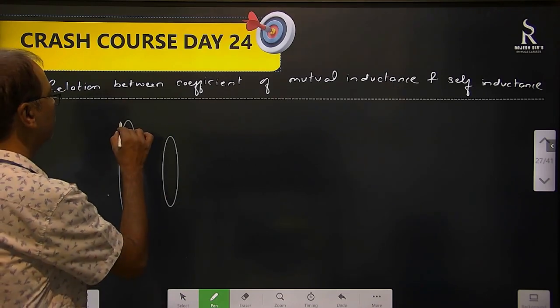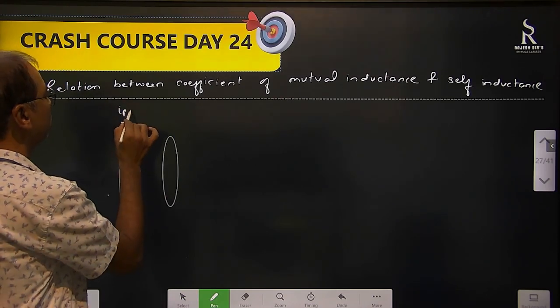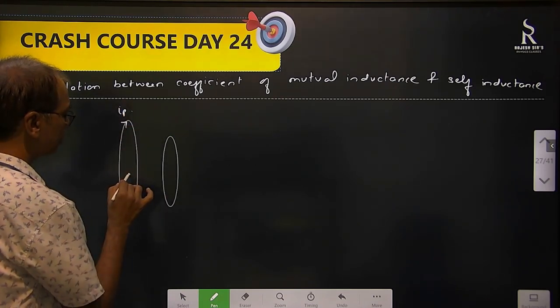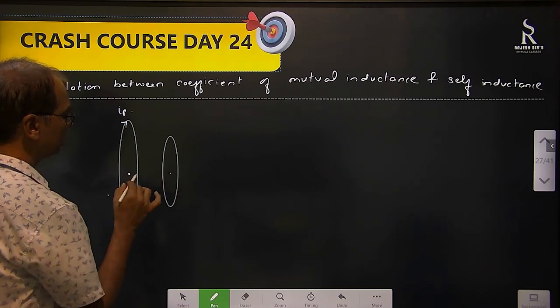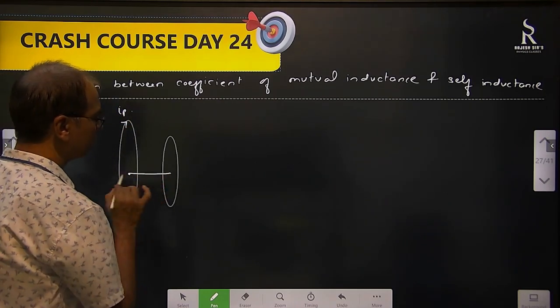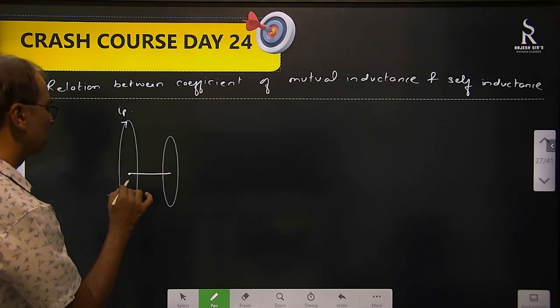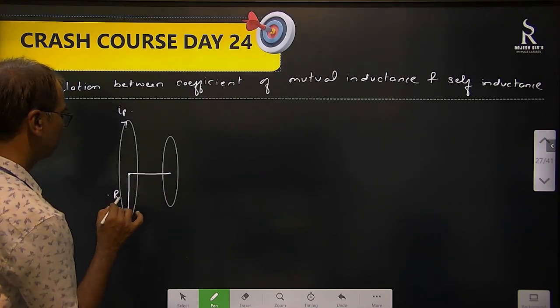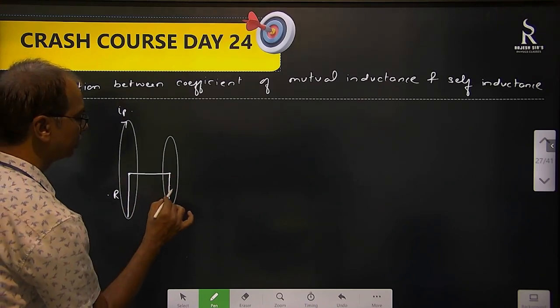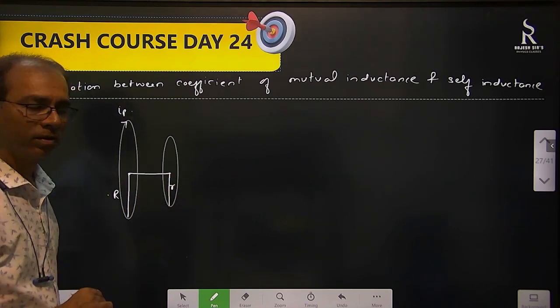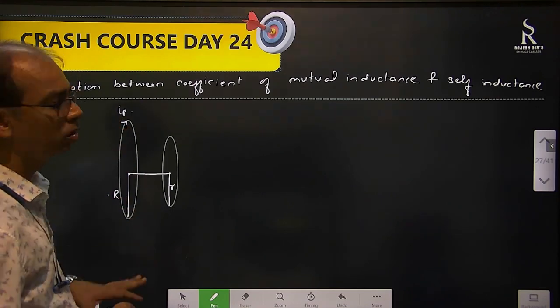So here let's say IP, current in primary. So the magnetic field is the same through this as well as through this. Its radius is R and its radius is small r. Right.